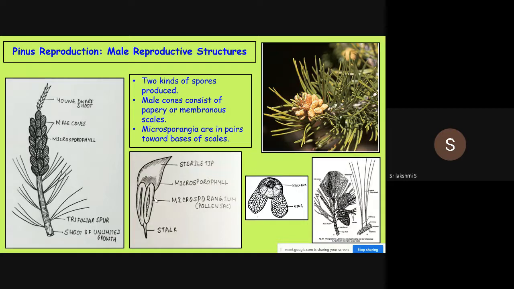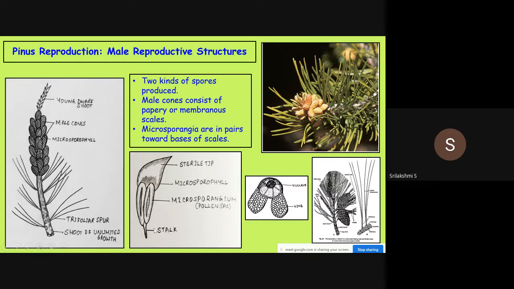Yes, apophysis. Now, just below the apophysis, above the stalk, you will find a pair of microsporangia. So generally microsporangia are in pairs. Okay, and the microsporangia are nothing but the pollen sacs.